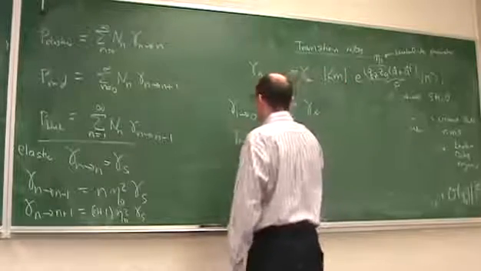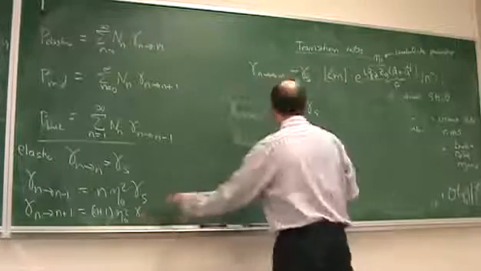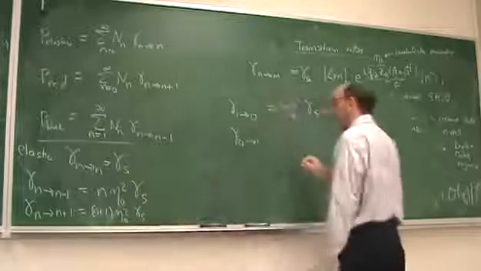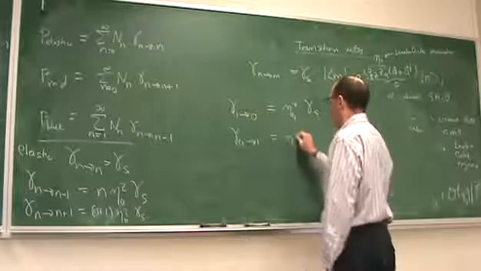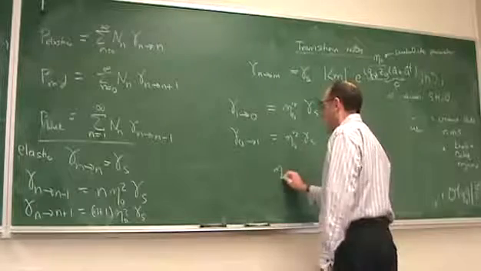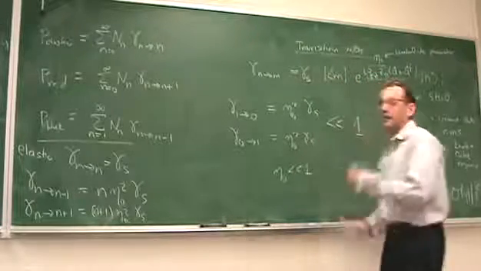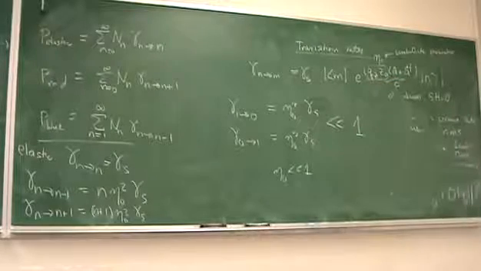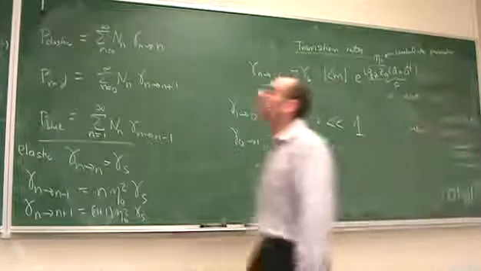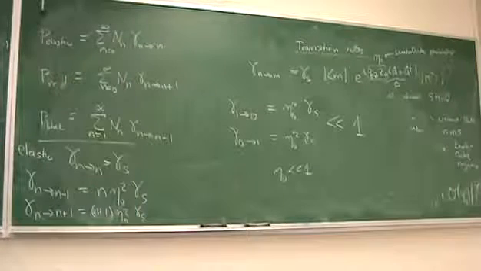And the rate to go from 0 to 1, well, that's going up. That's this guy, is the same thing, which we expect. And if eta naught is small compared to 1, these are much, much less than 1. And this effect is what is called Lamb-Dicke narrowing.